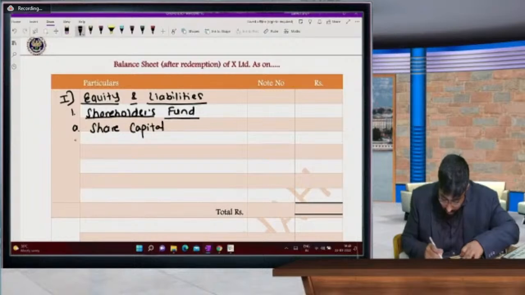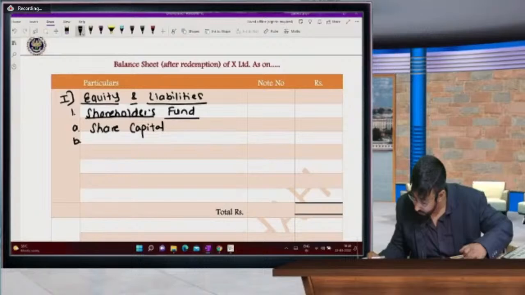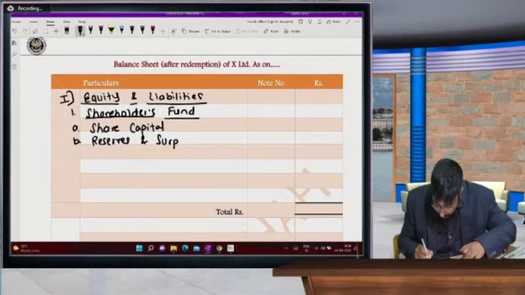A, share capital. B, reserves and surplus.